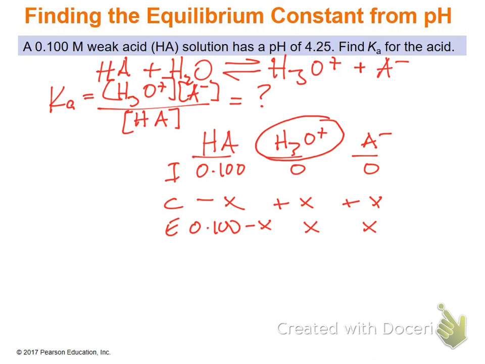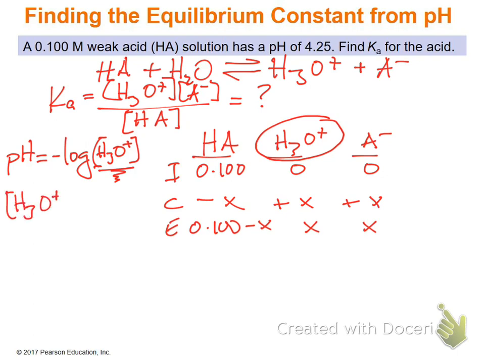If you remember, pH is equivalent to the negative log of the hydronium concentration, right? And so we can isolate the concentration by simply raising 10 to the negative pH.